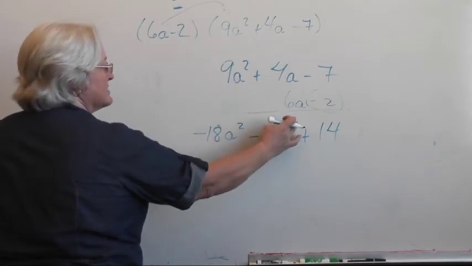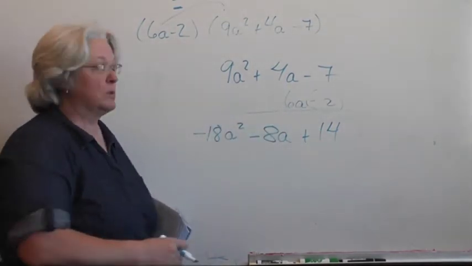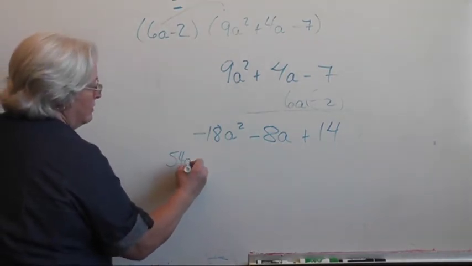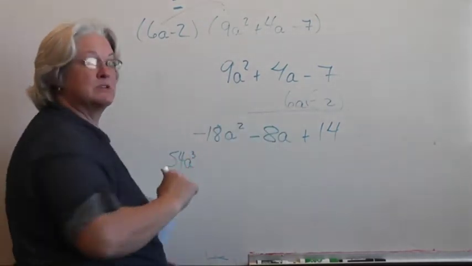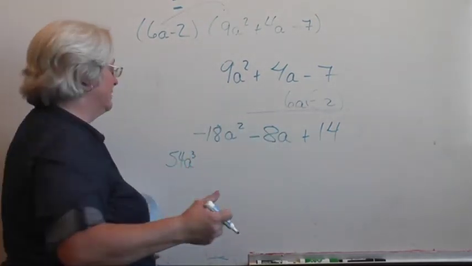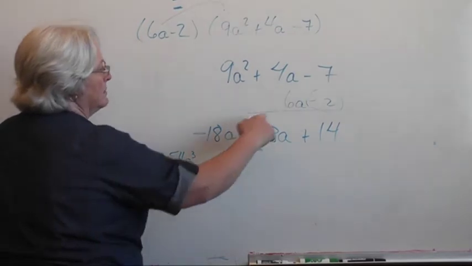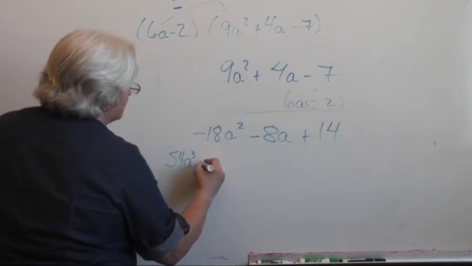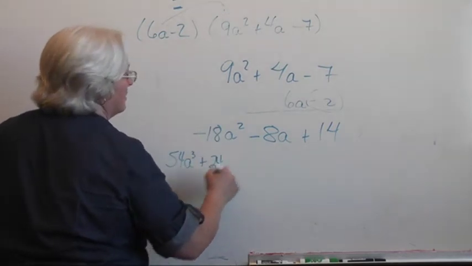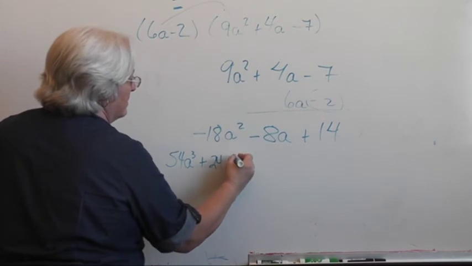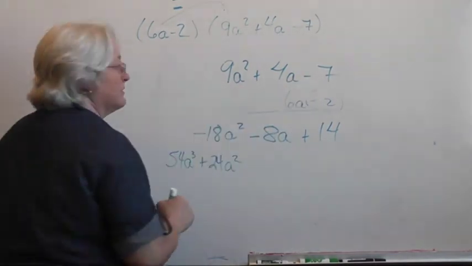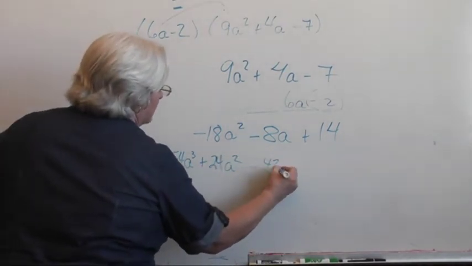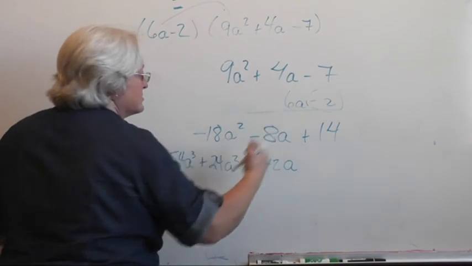Now I have to multiply 6a times 9a squared. 6 times 9 is 54, a cubed. Because I have a times a squared, keep the base, add the exponents. 54a cubed. 6a times a positive 4a. Positive 6 times positive 4 is positive 24. A times a is a squared. 6a times the negative 7. 6 times the negative 7 is a negative 42a, and there's nothing else to multiply.